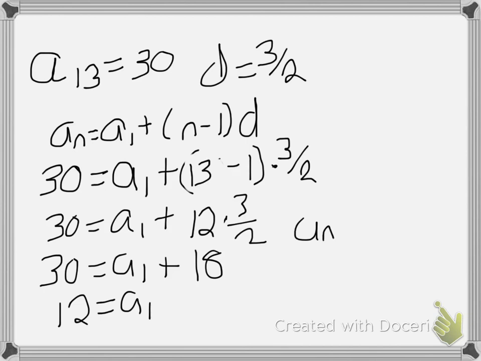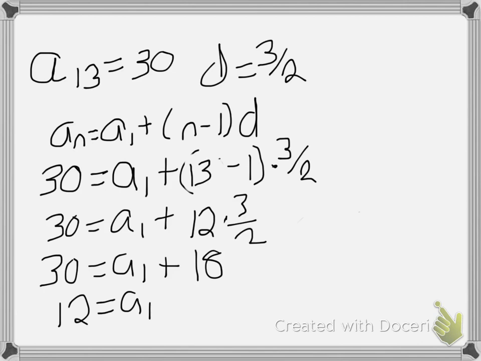A sub n is equal to 12 plus 3/2 n. Now, once again, here I am rushing. So let's back up.